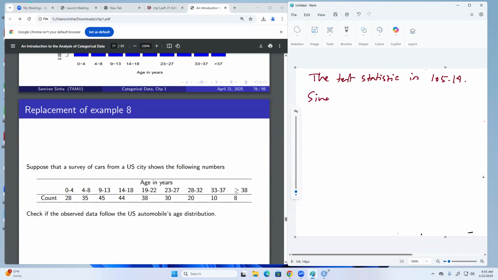The p-value is smaller than 0.05. So we reject the null hypothesis and conclude.